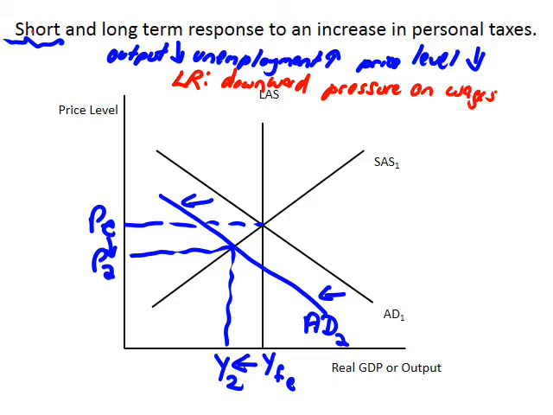And it could be not just wages, but other input costs too. But wages are what we're going to call sticky downwards. So in other words, it's going to take time for wages to fall.